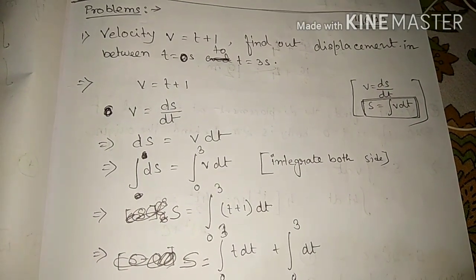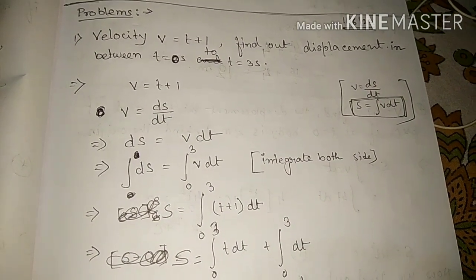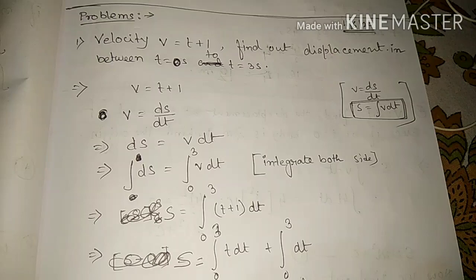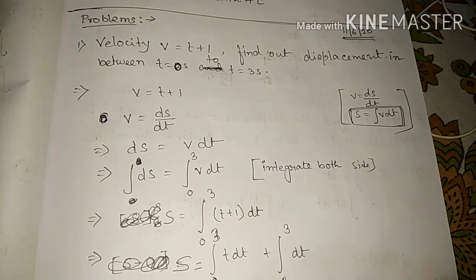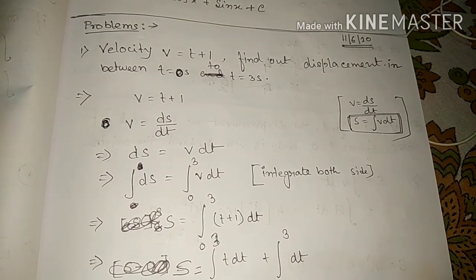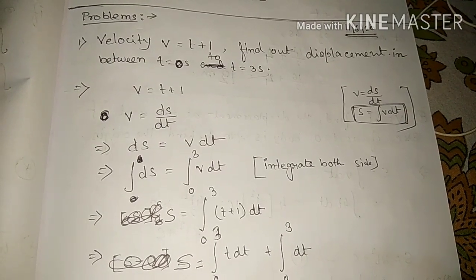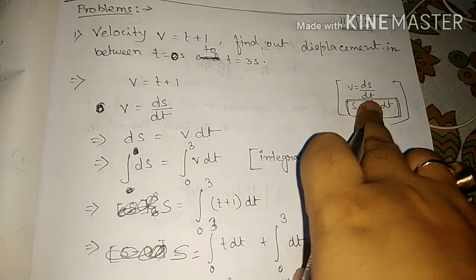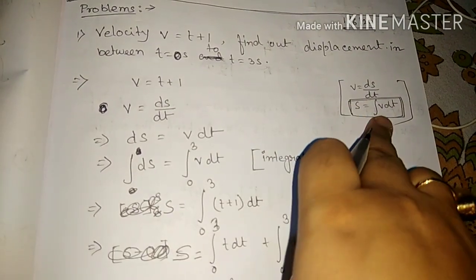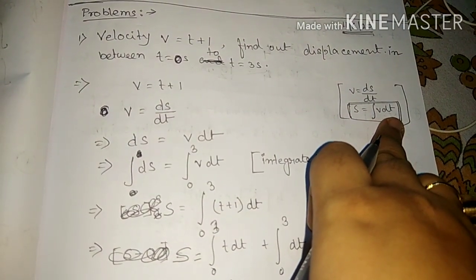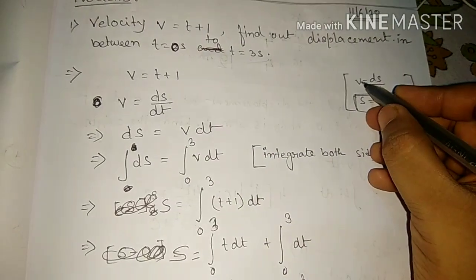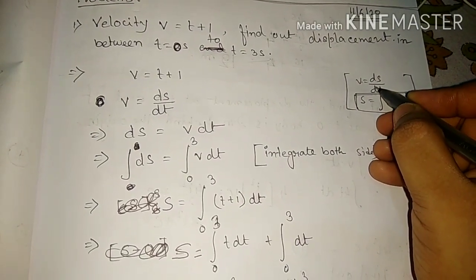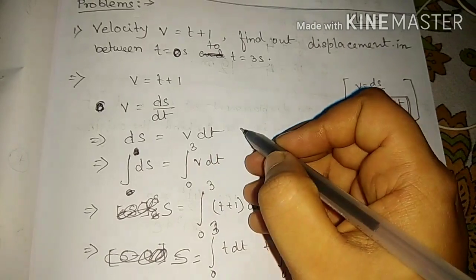As we know, v equals ds by dt, displacement per unit time. But we have to find the displacement, not the velocity, so the back process applies: velocity is given, we find displacement. So displacement s equals the integration of v dt, because v equals ds by dt, so ds equals v into dt.